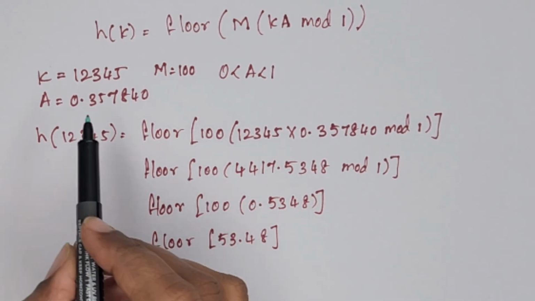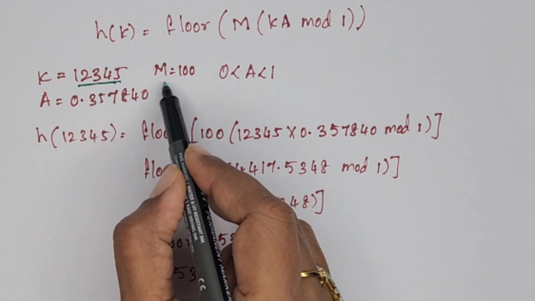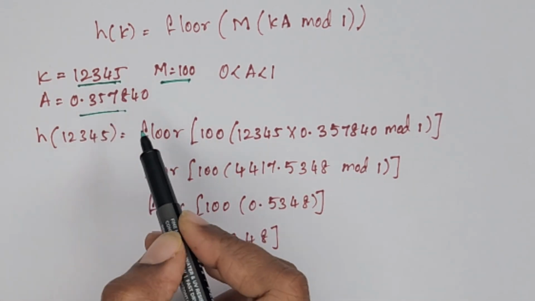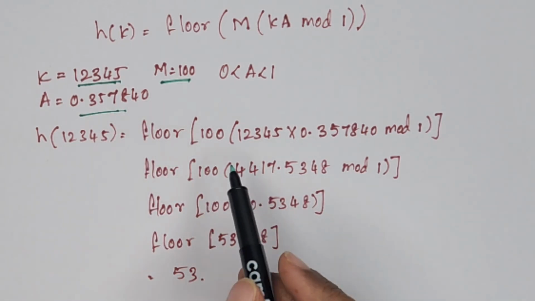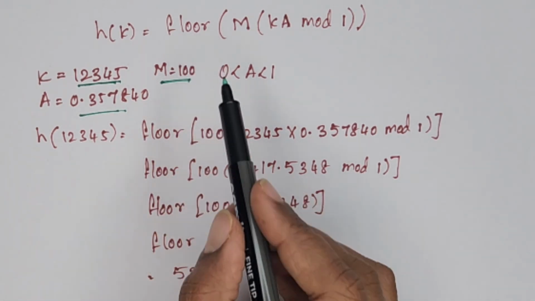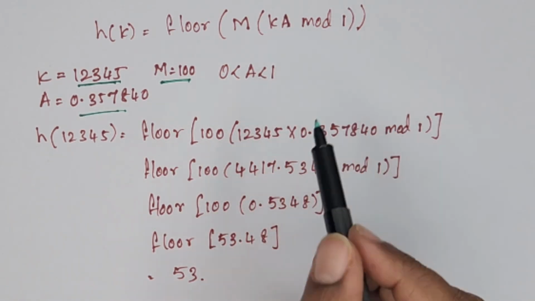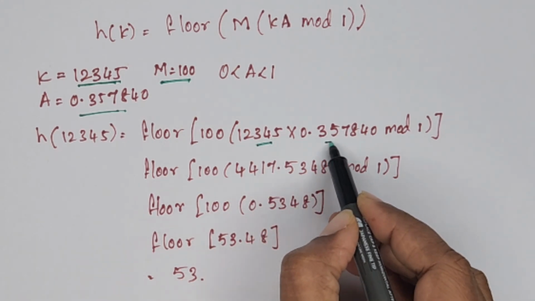This is one simple example. Here I am going to store 12,345. This is the key value, and the table size is 100. And this is one constant I have selected, which is between 0 and 1. Now here the h of k function is floor of m times (kA mod 1). So 12,345 is the k value. This is the constant.